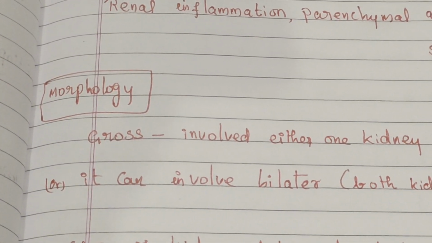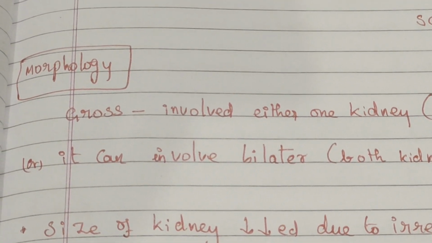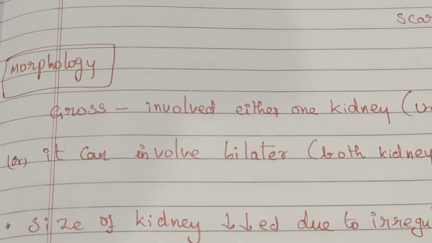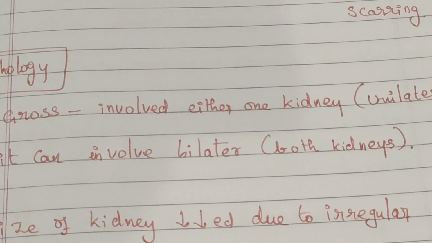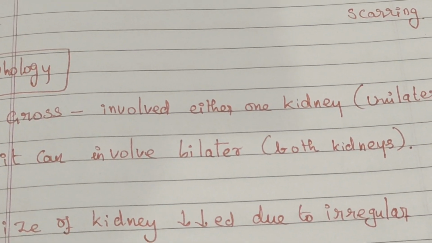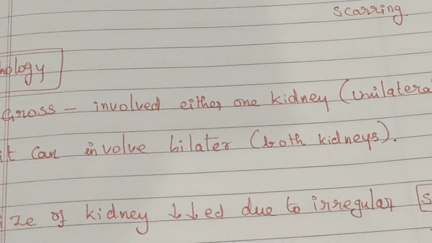Next, morphology of chronic pyelonephritis. First one is gross. In gross, it can involve either one kidney or both kidneys, unilateral or bilateral.